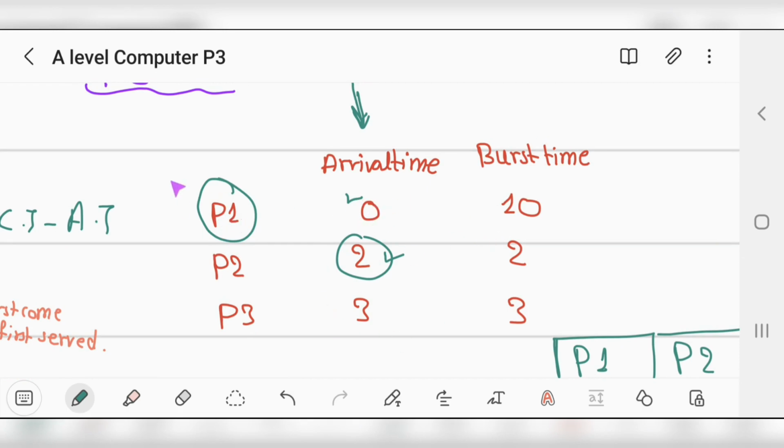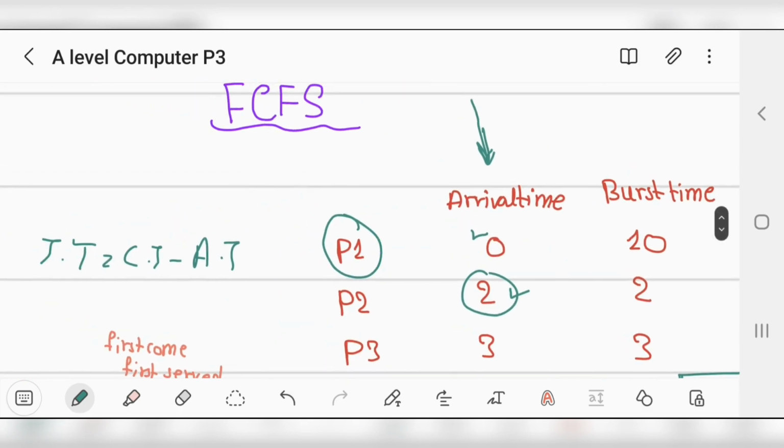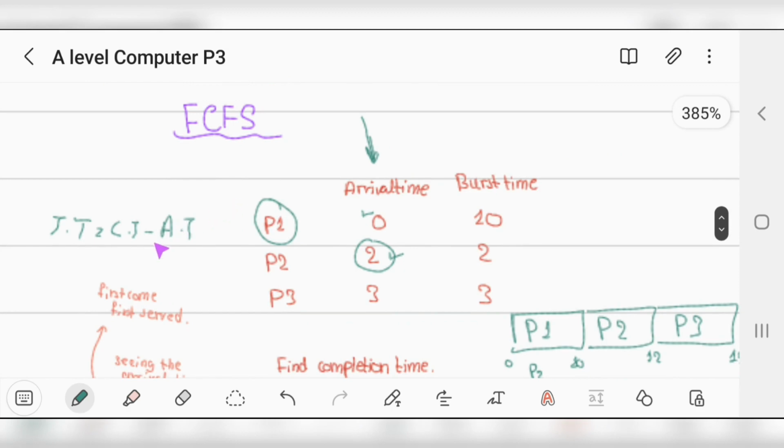P1 came first, so P1 will be executed first and complete its execution. It will use its full burst time, because it is non-preemptive and cannot be interrupted. It is doing its very important job and no one can disturb it.